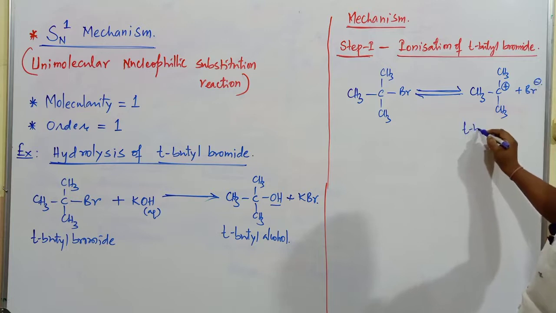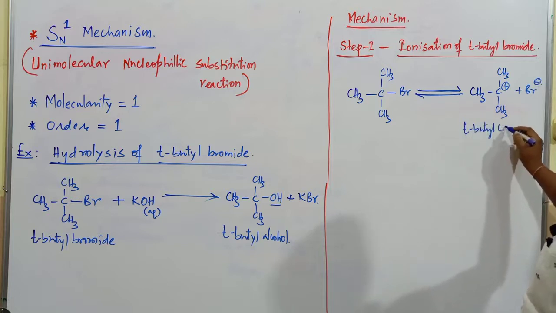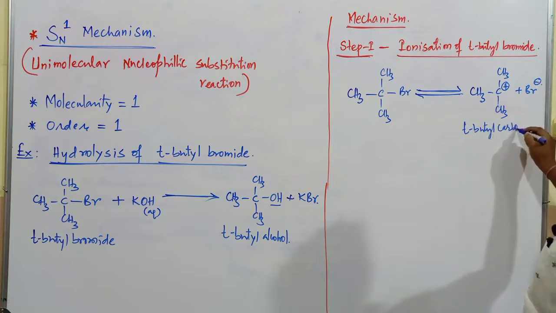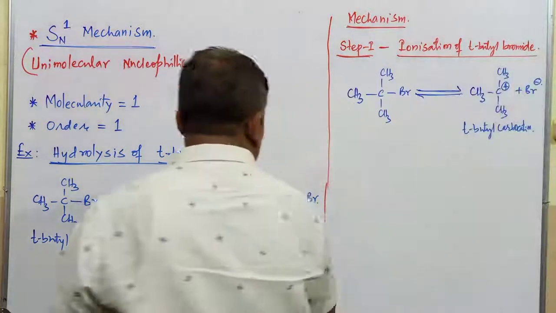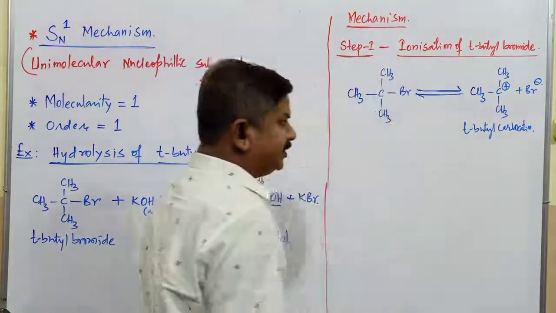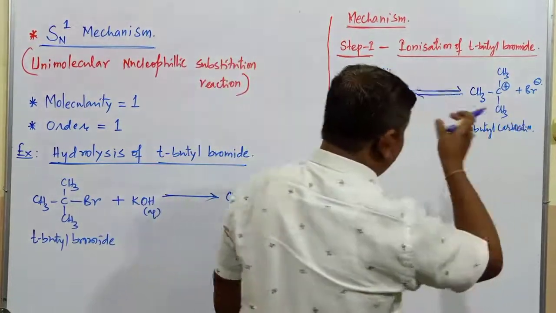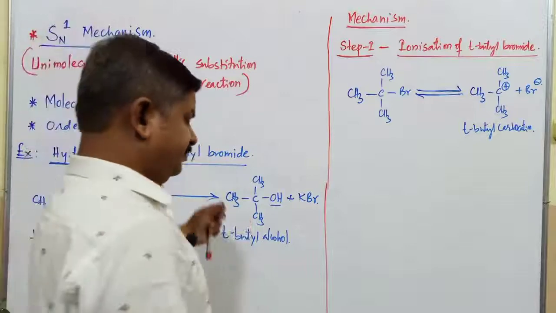Now what is the name of this species? It is the tertiary butyl carbocation. Ionization is a reversible process, and formation of the tertiary butyl carbocation takes place.